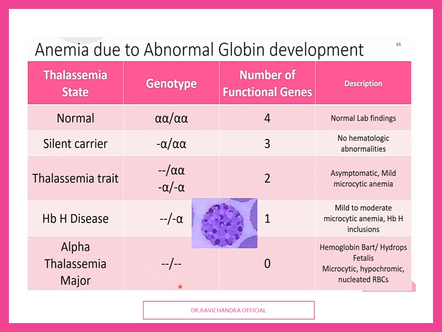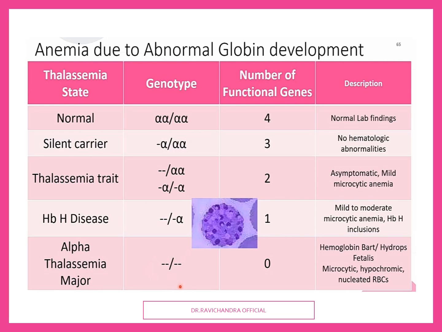In the thalassemia trait, there will be 2 functional alpha genes, and these are asymptomatic, or sometimes mild microcytic anemia can be observed. In hemoglobin H disease, there will be only one functional alpha gene, with mild to moderate microcytic anemia and HbH inclusions in the peripheral smear.